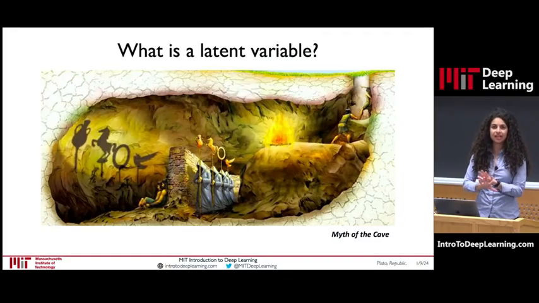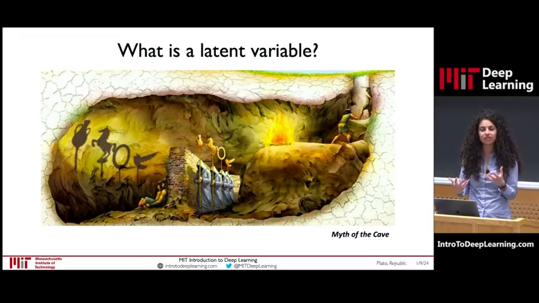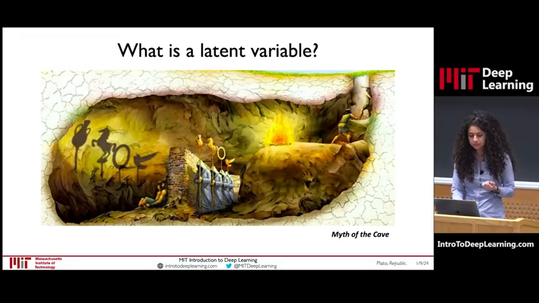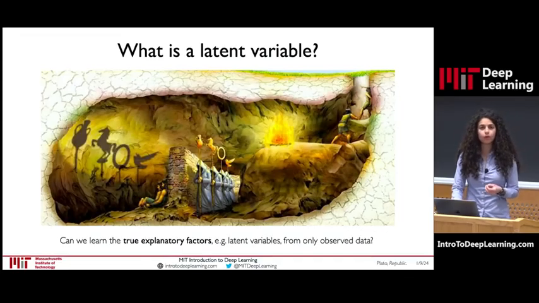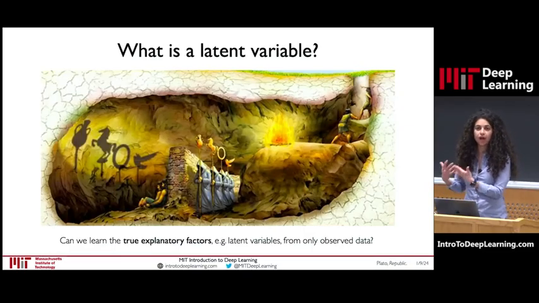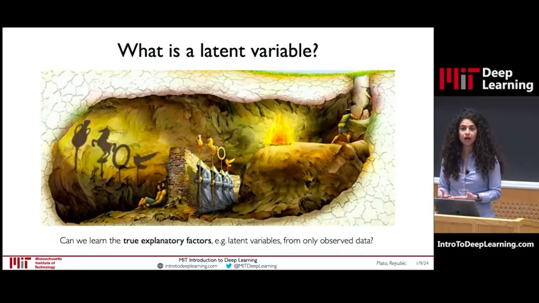Of course, this is an analogy, but it gets at the intuition that latent variables are underlying elements of structure in data, the factors that are driving what we're measuring and observing. So our goal with generative models and latent variable models is to learn, in an automated way, a distribution that hopefully captures these underlying factors that result in the observed data that we see.